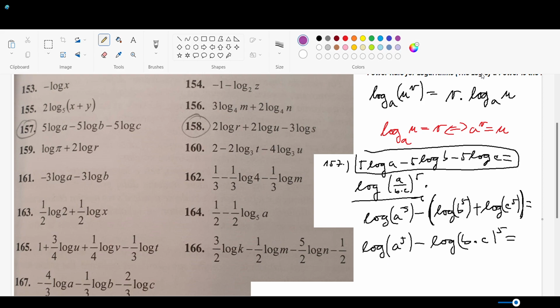Now you will apply the quotient rule because you have the subtraction here, and it would then mean that this is equal to log a to the power of 5 over b times c to the power of 5, and if you would simplify this a little bit more, it is logarithm base 10, of course, because it's common logarithm, a over b times c to the power of 5.